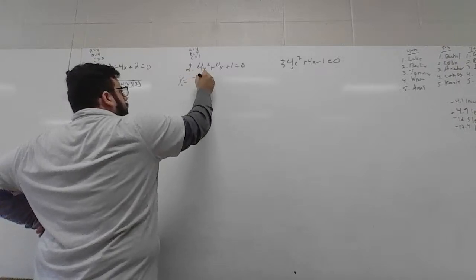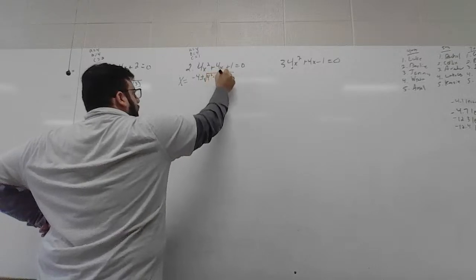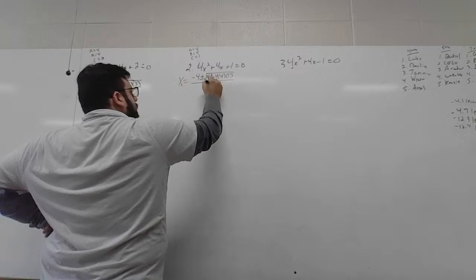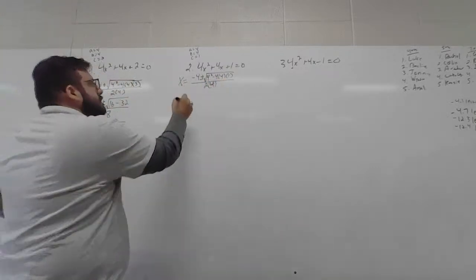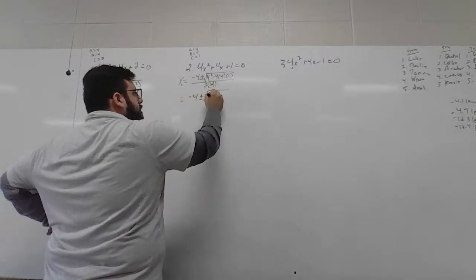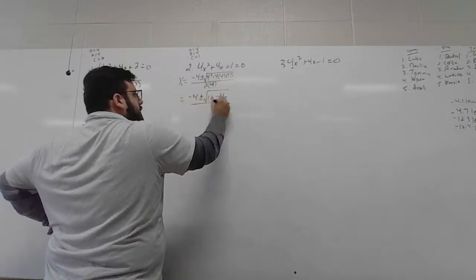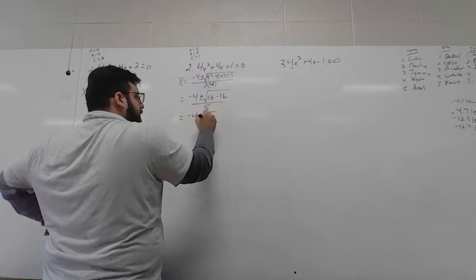Negative b plus or minus the square root of b squared minus 4 times a times c, all divided by 2 times a. 4 squared is 16. 4 times 4 is 16, times 1 is 16. 16 minus 16 is 0.